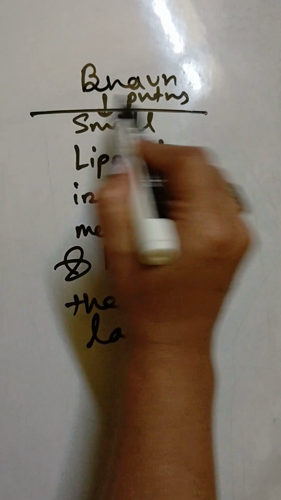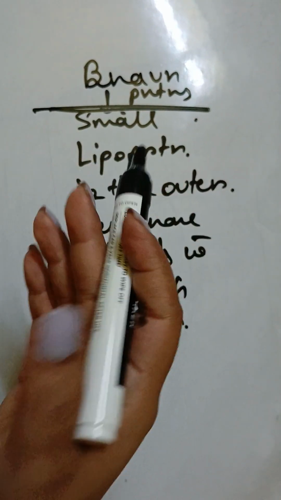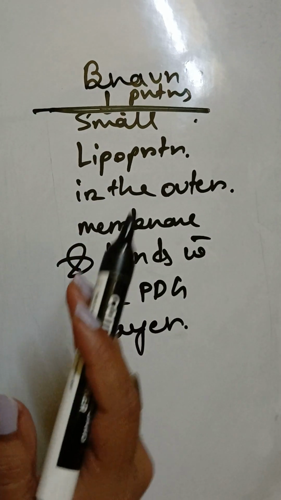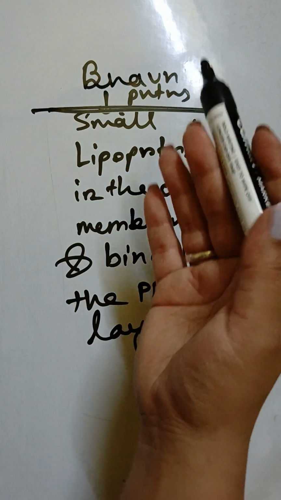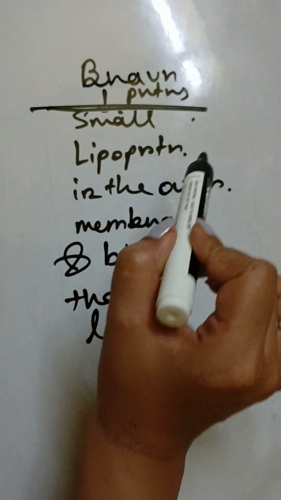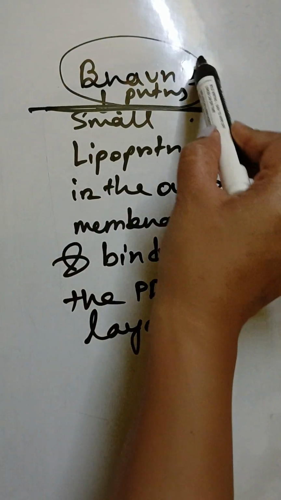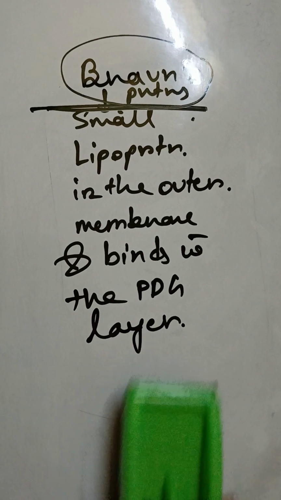With the help of Braun's protein, the outer membrane, which lies at the outside of the cell envelope, is connected to the cell wall, the PDG layer, at the inner portion. So there needs to be a connection between the outer membrane and the cell wall, and this is the major protein which makes this connection. This is the principle which describes the linkage between the cell wall and the outer membrane.